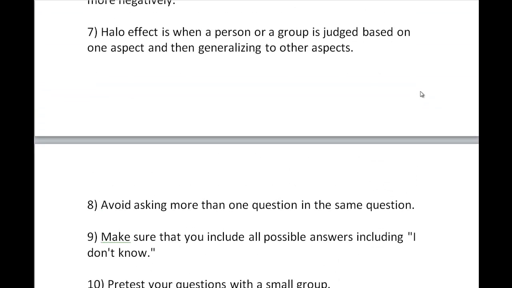Number 7, halo effect. Halo effect is when a person or group is judged based on one aspect and then generalizing to other aspects. For example, let's say that Princeton University does not have an undergraduate major in business administration, and that I went on there and I couldn't find one, and let's assume that's true. No undergraduate major.